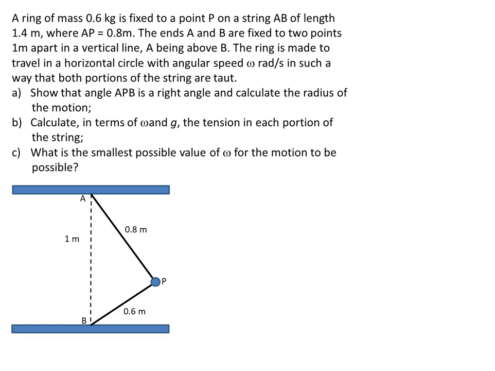We know that A to B is 1 meter, and since we've got 1 squared equals 0.8 squared plus 0.6 squared, that certainly means that the triangle APB is a right angle triangle with the right angle being at P. That's the converse of Pythagoras' theorem.